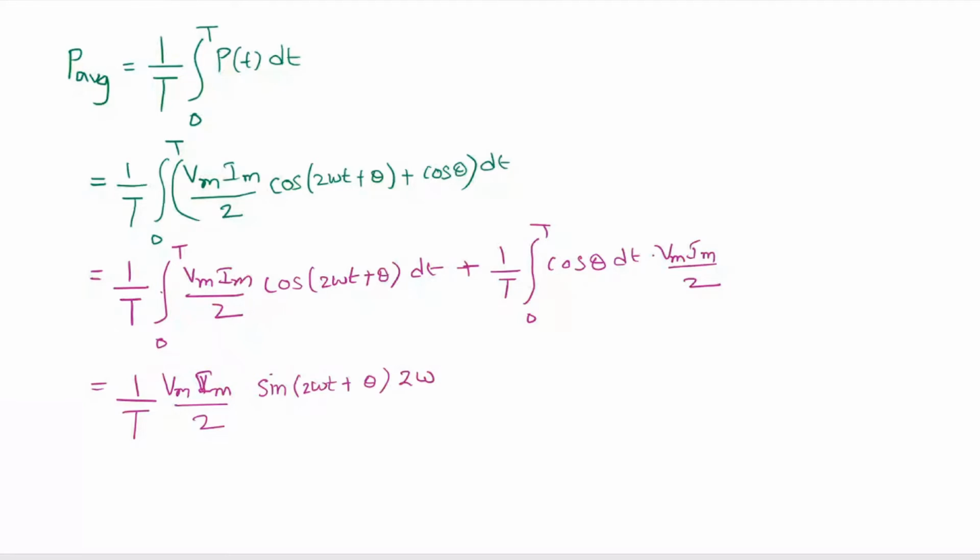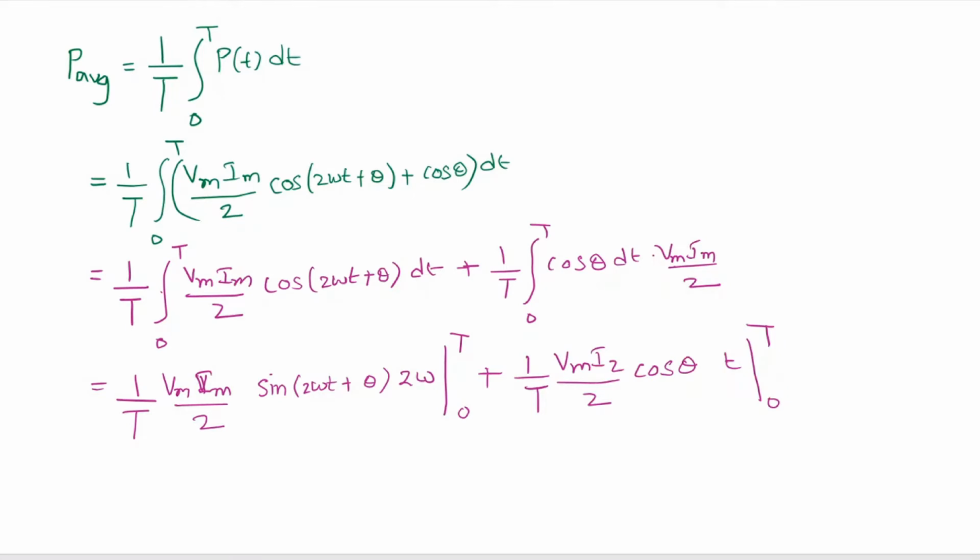What are the limits I have to apply? 0 to T. And plus 1 by T, Vm Im, 2 is also constant, bring it out. Cos theta is also constant. And the integration of 1 with respect to t is small t, with limits 0 to T.